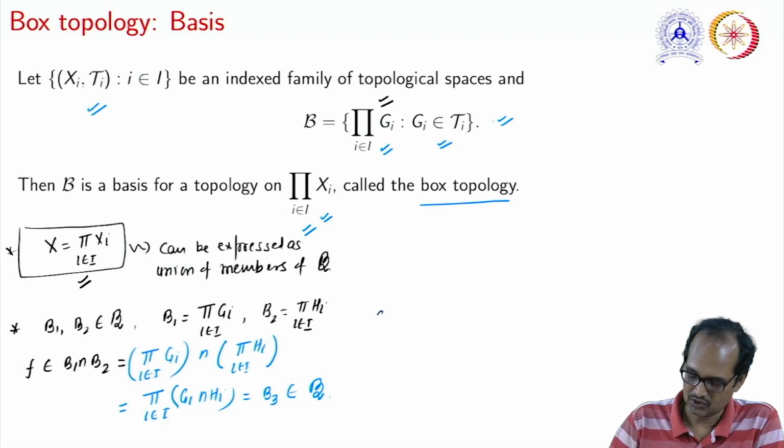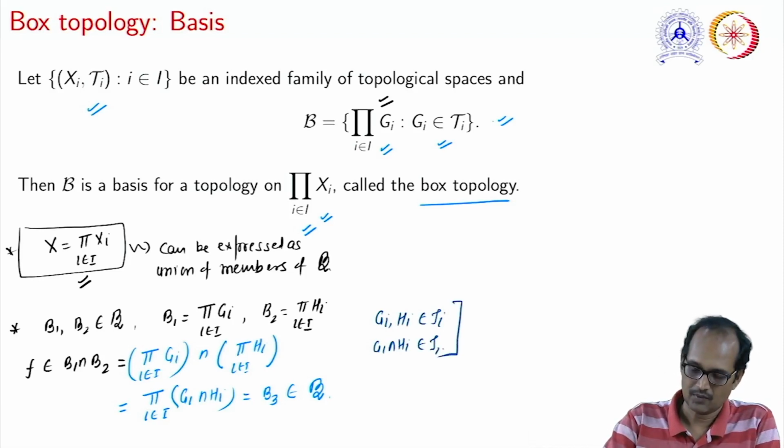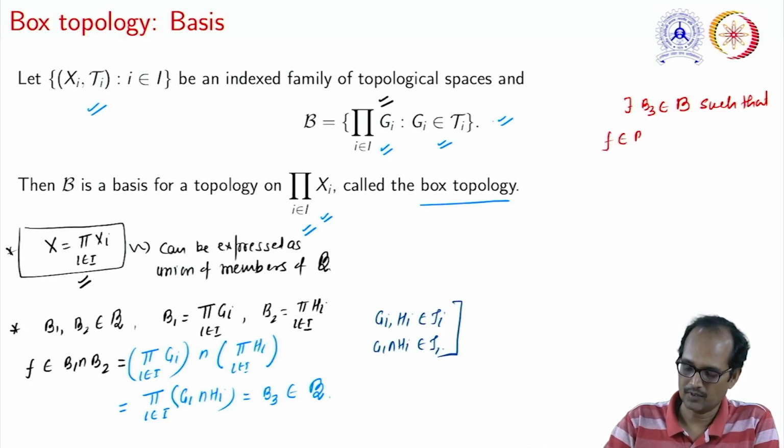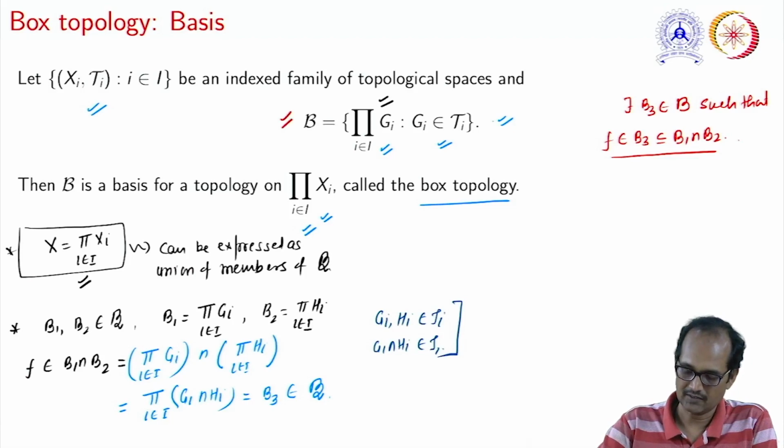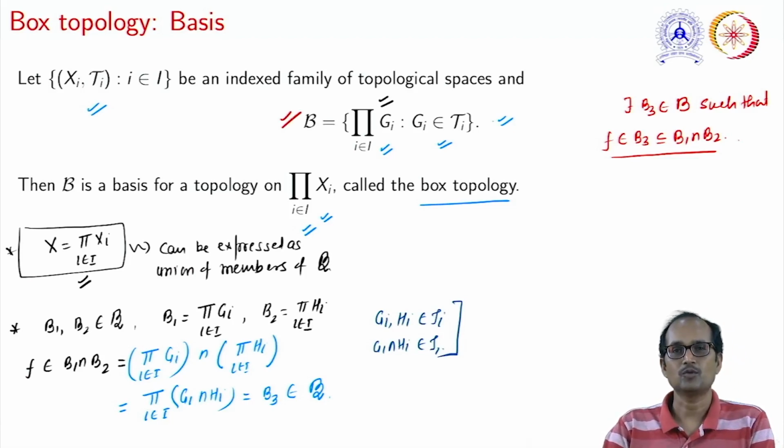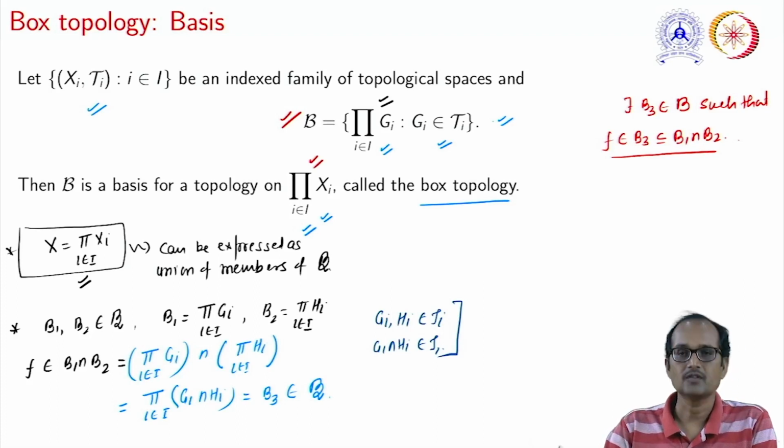As Gi and Hi belong to tau i, this Gi intersection Hi also belongs to tau i. Thus, there exists B3 in this B with the feature that F belongs to B3, which is a subset of B1 intersection B2, and therefore this collection is a basis for some topology on the product of these sets.